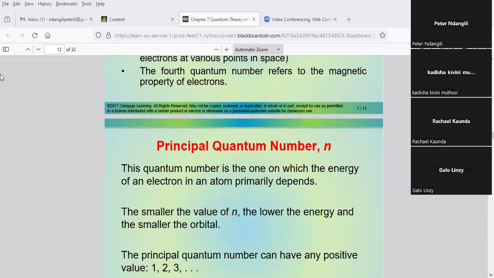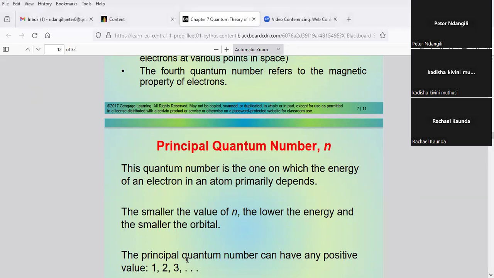We said that an electron can jump from a low energy orbital to a higher energy orbital by absorption, and it can also move from a high energy orbital to a low energy orbital by emission.